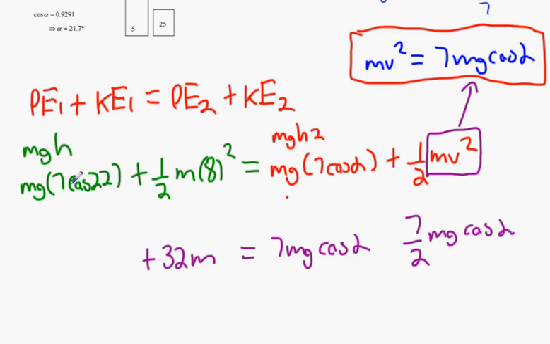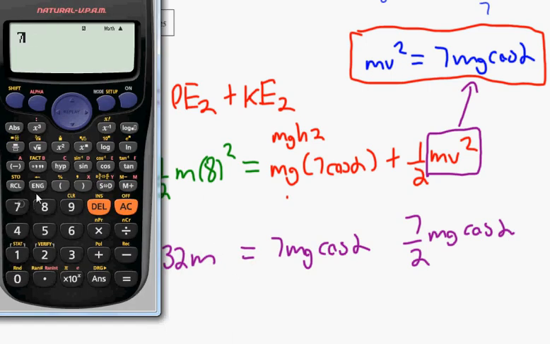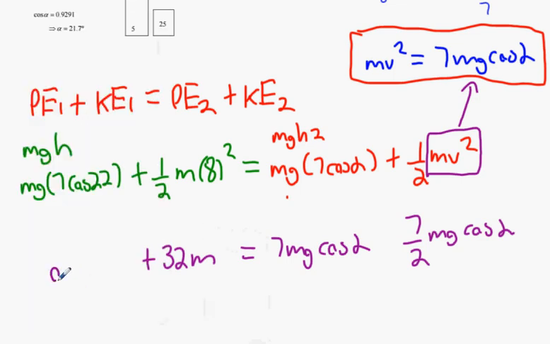And then finally this part here. Can anybody tell me what 7 cos 22 is? We'll round it to 3 decimal places. I'm in radians, so I'm going to be wrong. 6.49. 6.49.